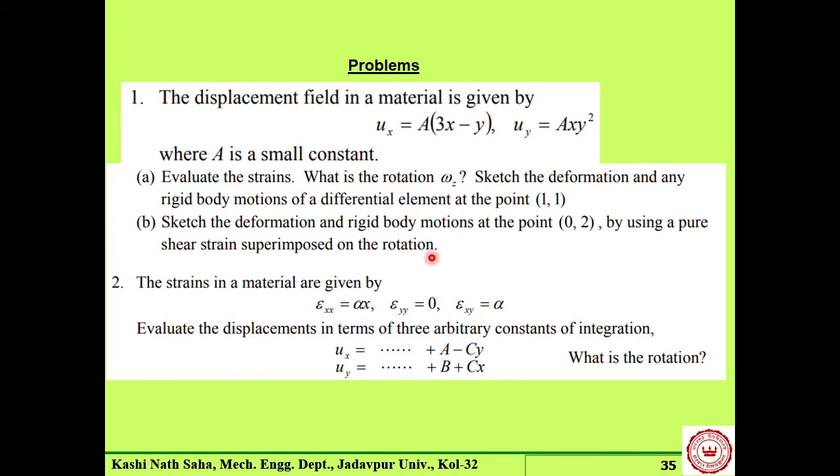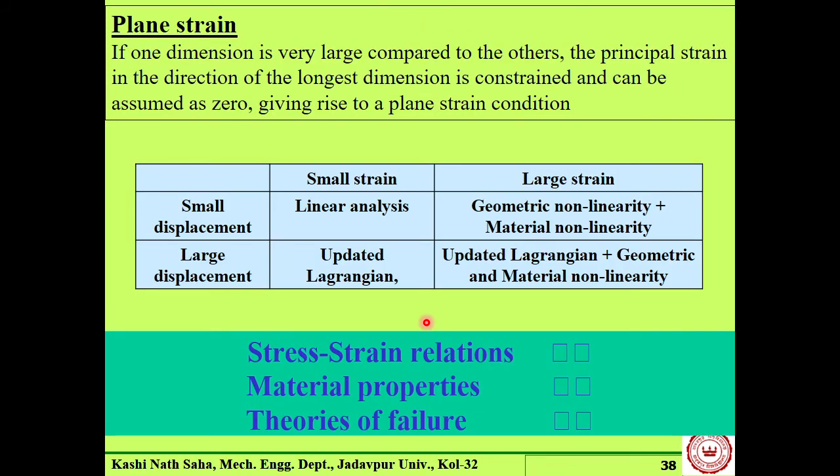So, that sort of problem is given here; some of the problems are given here. This is for a 2D field. You see, this is a 2D field, epsilon xx, yy and xy are given. This type of field gives rise to a plane strain situation. What actually is a plane strain case?